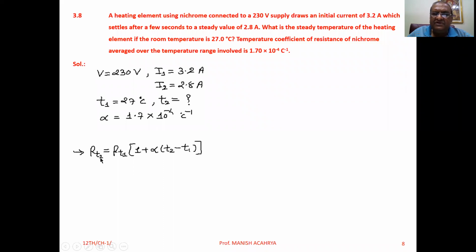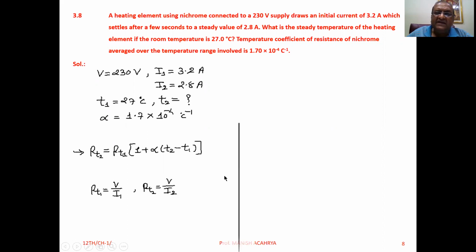Now resistance at temperature T2 is equal to resistance at temperature T1 into 1 plus alpha (T2 minus T1). Now resistance at temperature T1, that is the initial resistance, we can write as voltage upon initial current. Then resistance at temperature T2, that is voltage upon final current I2.